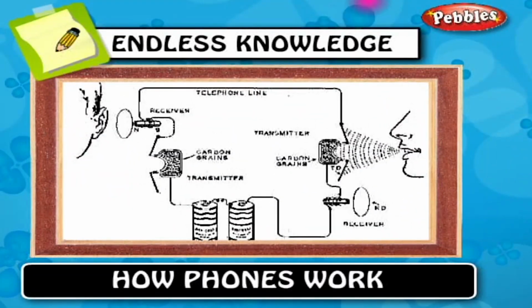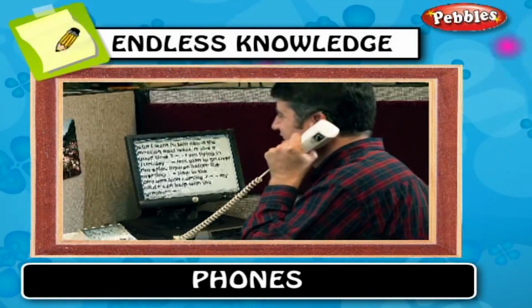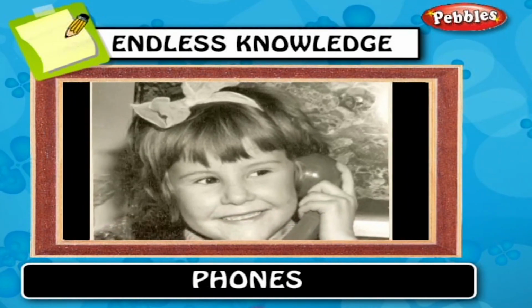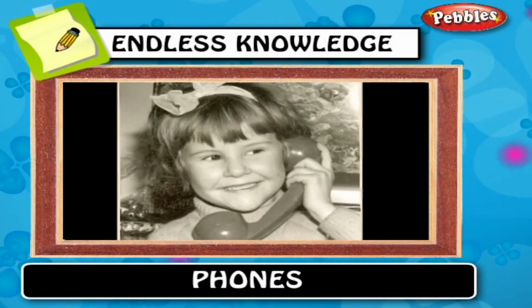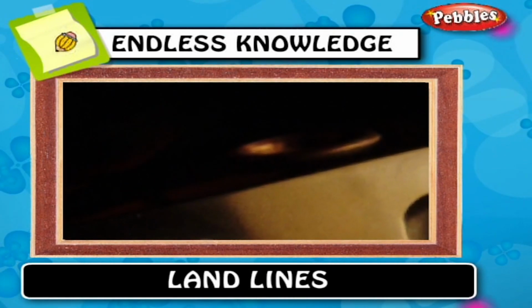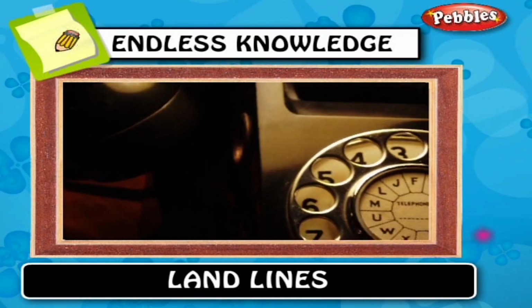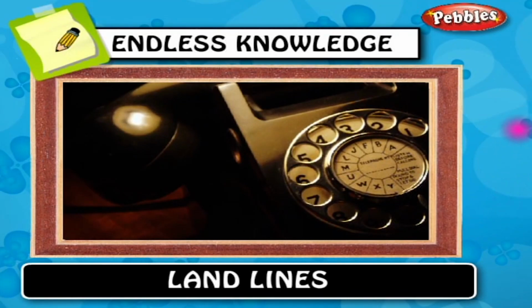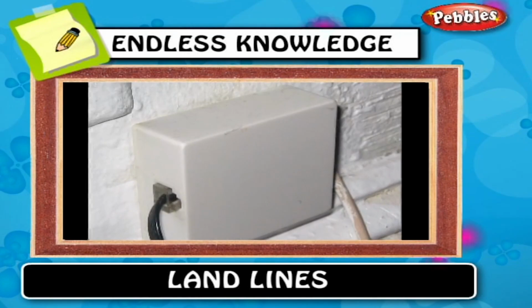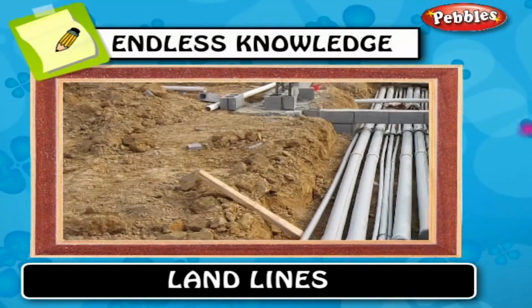How phones work. When you ring up a friend, your phone sends a signal to your friend's phone. This only takes a few seconds, even if your friend lives far away. Landlines. When you dial a number, your phone sends a signal through the telephone wire. The wire carries the signal to a bigger wire called a cable under the ground.